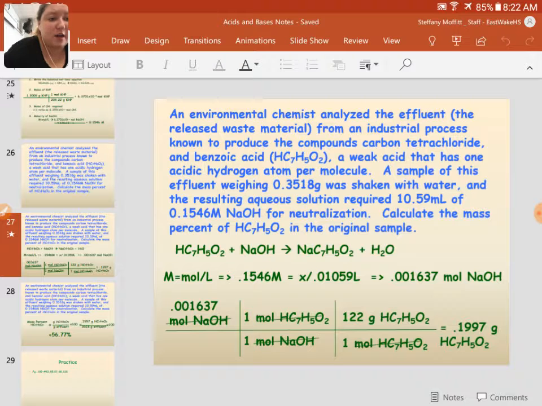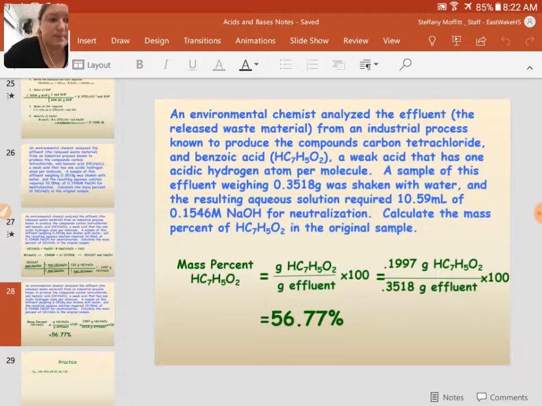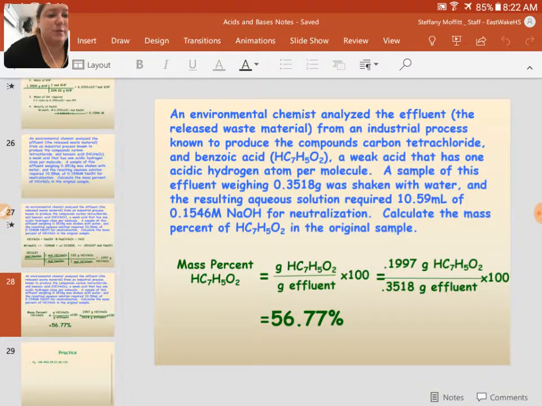And then using the moles of NaOH, we find the moles of the benzoic acid, and then we can use the molar mass to find the grams of benzoic acid. For mass percent, we're looking at the grams of benzoic acid over the grams of the whole thing, times 100, and we get 56.77% of that effluent was benzoic acid.